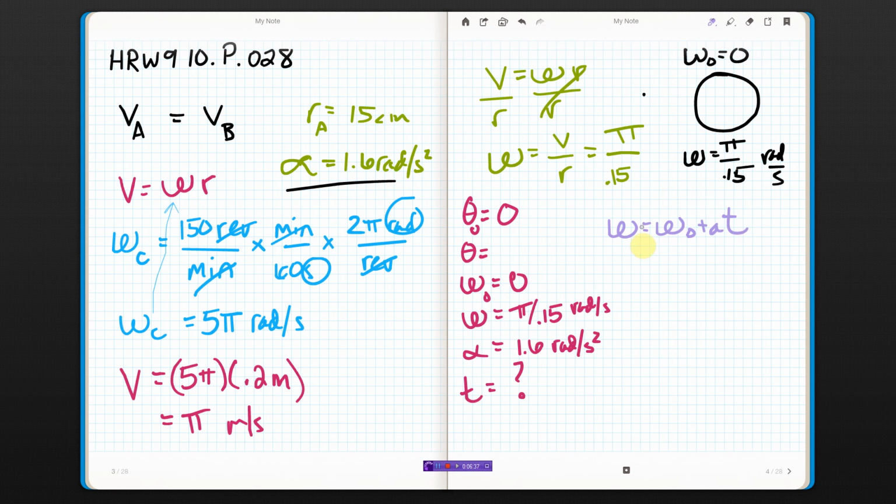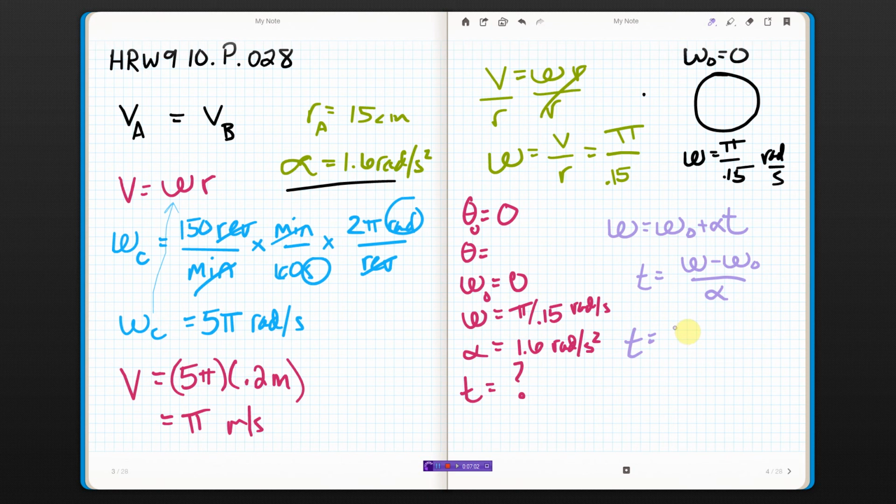I want t, so if I solve this for t, I move that to the other side and divide by, oh, I put a. Oh dear, I'm sorry. You'd think the physics teacher would be able to keep this straight. Okay, I have all these numbers, so all I have to do is plug it in.